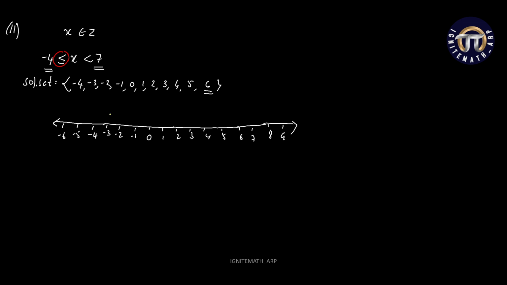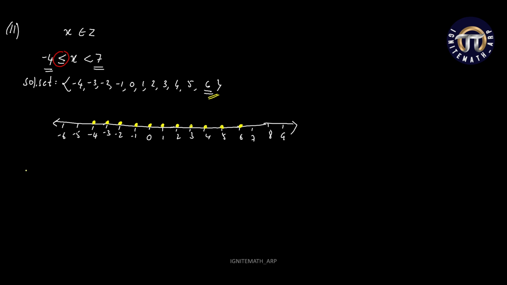Okay, so the solution set is going to be minus 4. I need to draw a darkened circle, small dot I can say, minus 3, then minus 2, minus 1, 0, 1, 2, 3, 4, 5, 6. Okay, only till 6. Don't darken the 7 because 7 is not a part of the solution set.